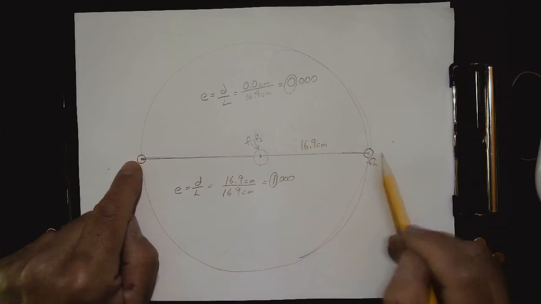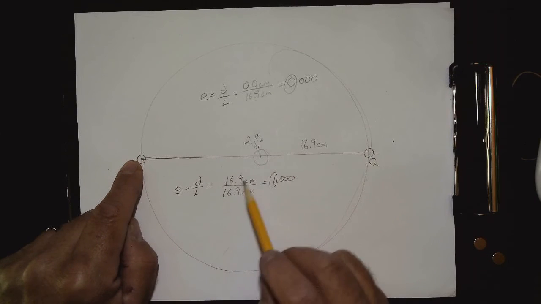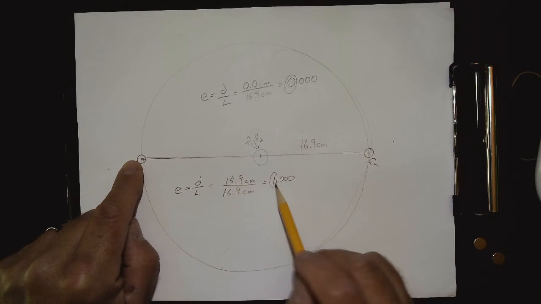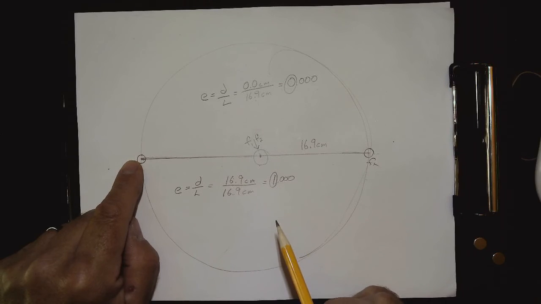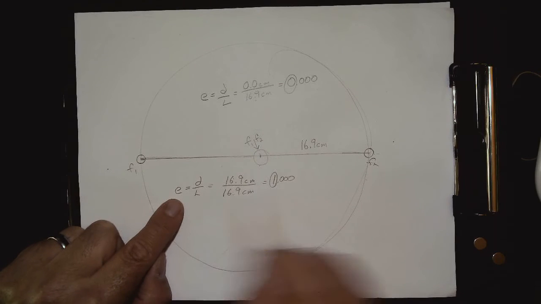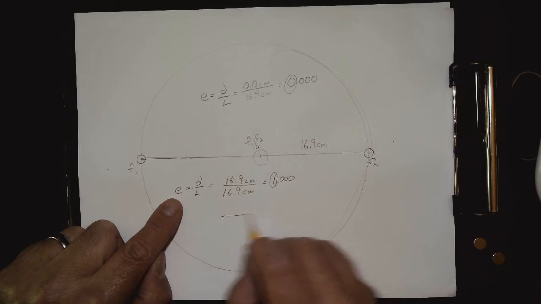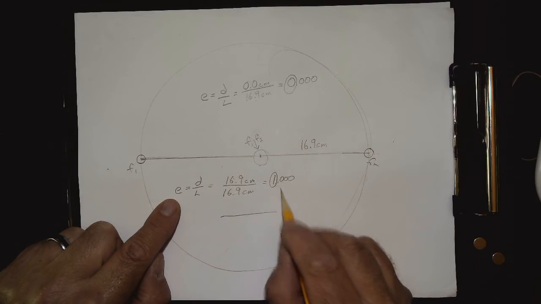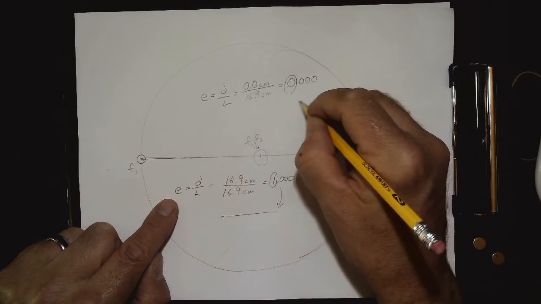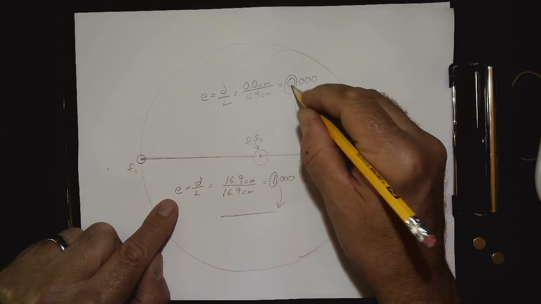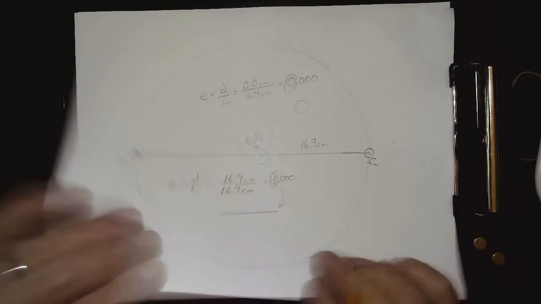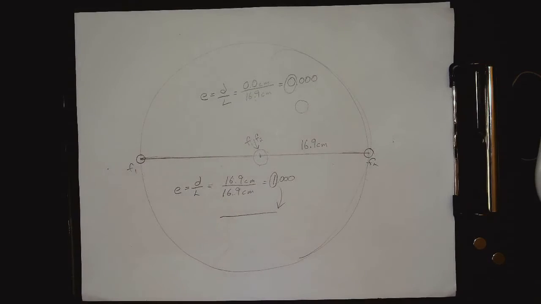If we have F1 and F2 with a straight line there, it's 16.9 divided by 16.9. That would give you 1. So, if you have an eccentricity of 1, you have a straight line. If you have an eccentricity of 0, you have a perfect circle. So that's a pretty easy way to remember these things.